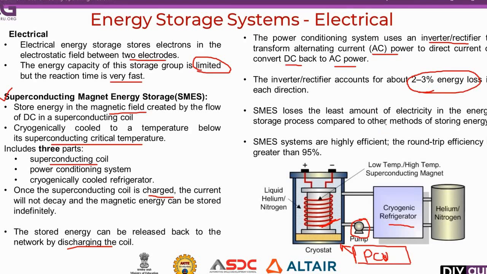When compared to other electrical energy storage systems, this SMES losses are very minimal. Also, the overall efficiency of the system will be greater than 95%. So, this electrical energy storage system, that is SMES, is widely used.